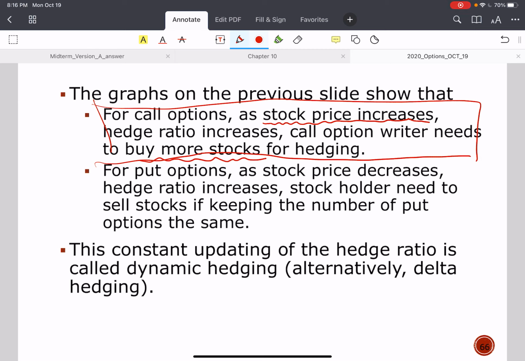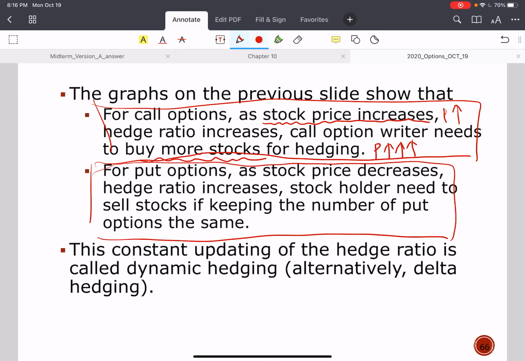It means that if price increases, these option writers will push the price even higher. If you look at the second case of the put option hedging, what you can see here is as stock price decreases, stockholders will need to sell stocks. This means if price decreases, then more selling will come. So stock price will decrease even more.